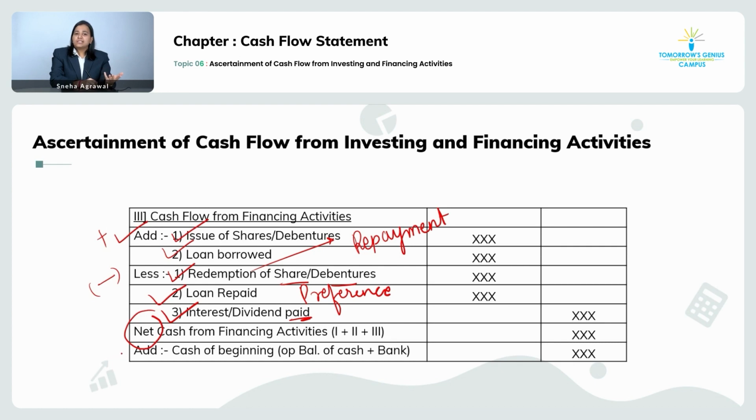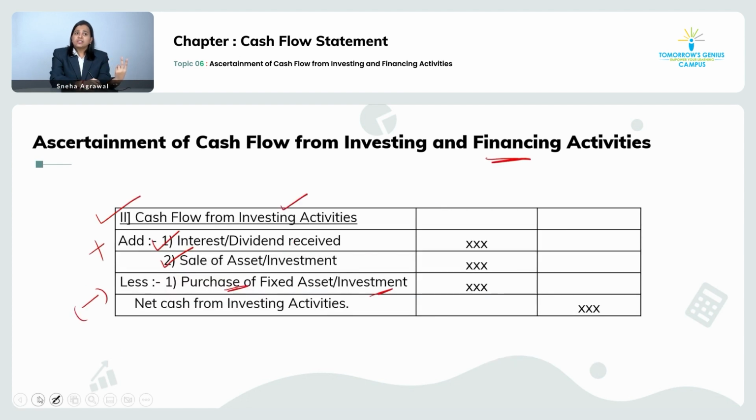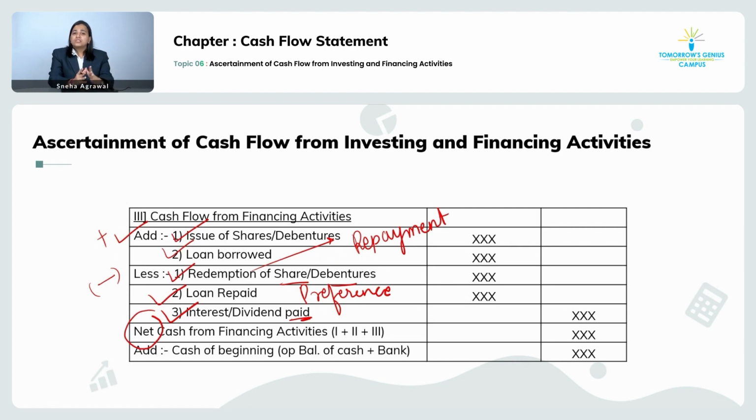Okay, what is the next step? You got to know how to ascertain operating activity, you got to know how to ascertain your investing activity, and third, we got to know how to ascertain our net cash flow from financing activity. We will be adding all three: operating, investing, financing, and then to that amount I will add my opening cash and cash equivalents.